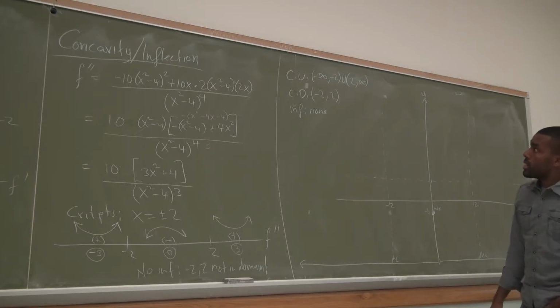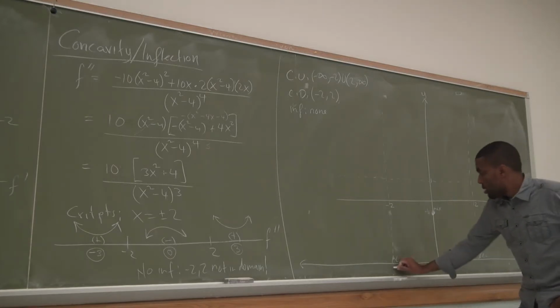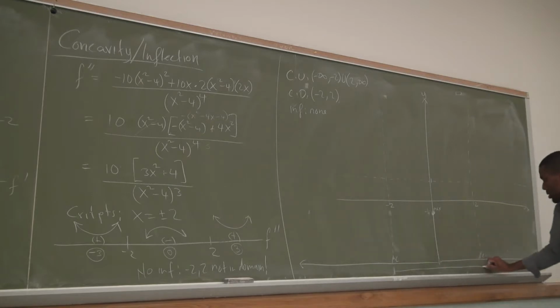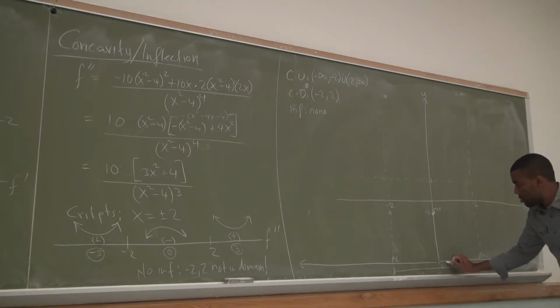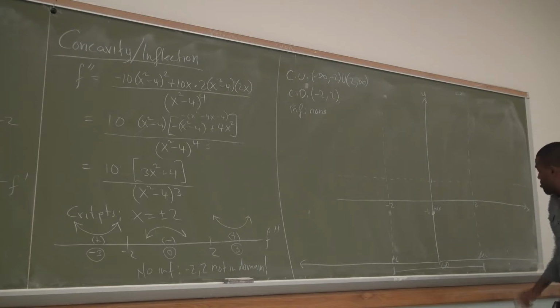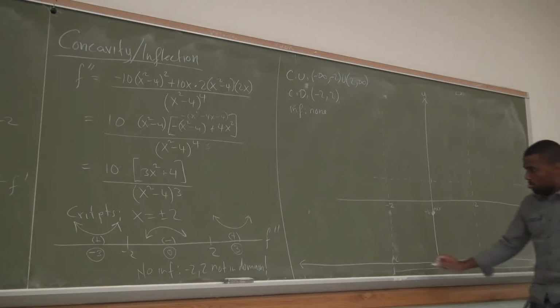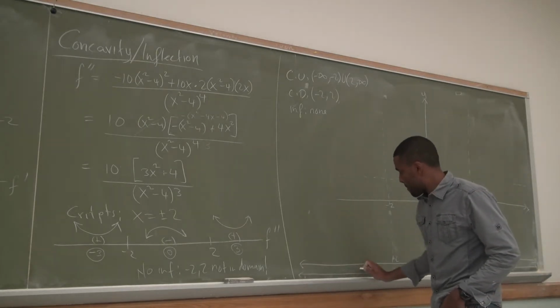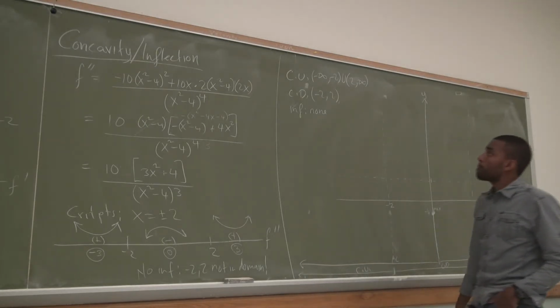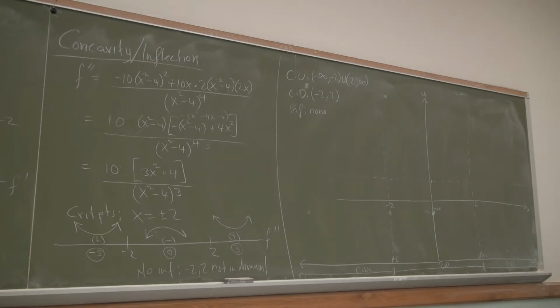And now about concavity. Between -2 and 2, I am concave down. And otherwise, I am concave up. And there are no inflections.